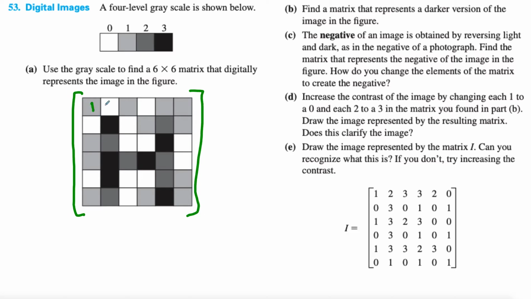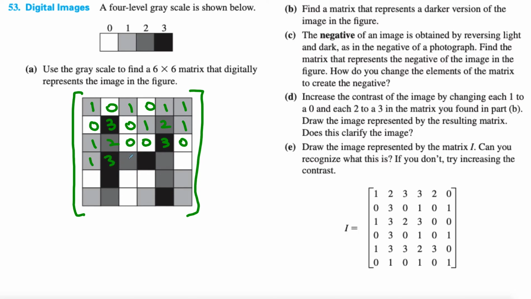So first one is 1, 0, 1, 0, 1, 1. Second one is 0, 3 because dark, and then 0, 1. This one is 2, 1. And the third one is 1, 2, 0, 0, 3, 0, 1, 3.